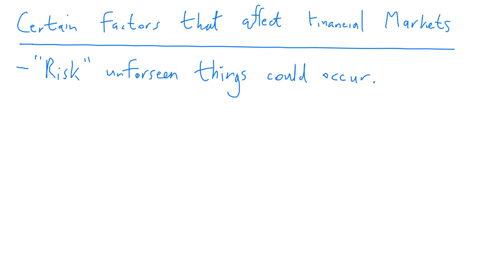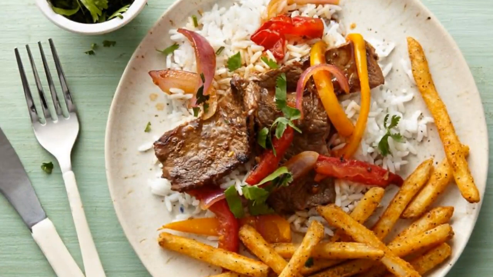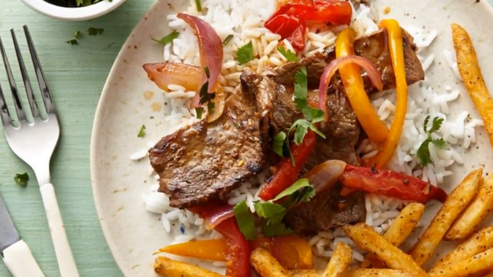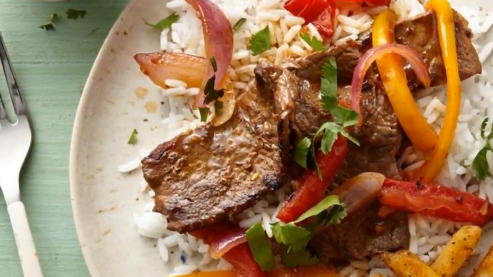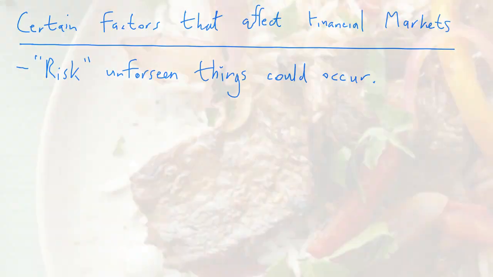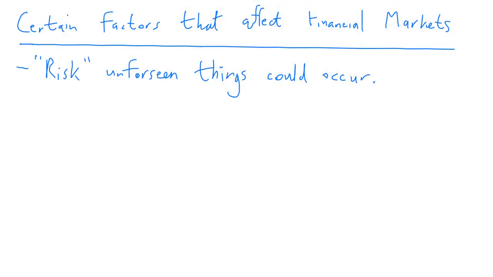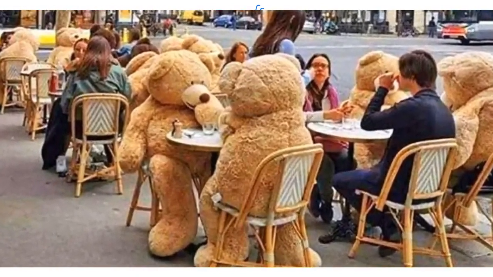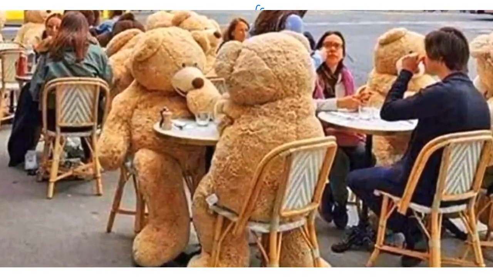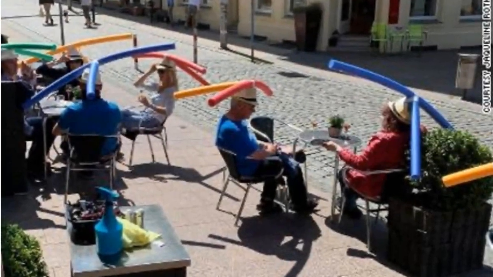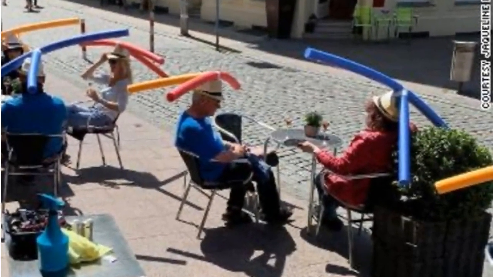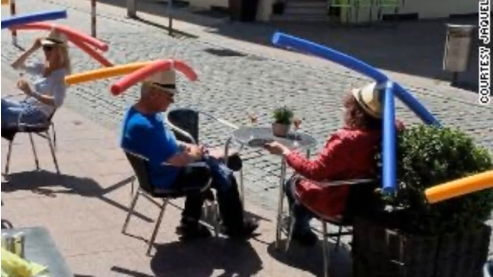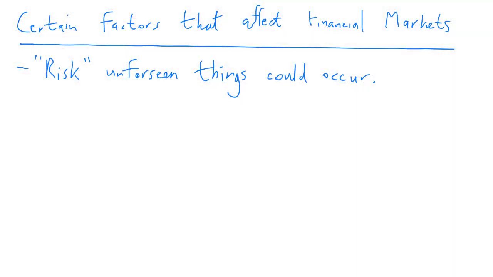Suppose that I started a restaurant in January of 2020, thinking that I would fill my tables with lots of hungry customers, not realizing that 2 months later, the economy would shut down and people would no longer be interested in dining out. So that was an example of what I'm calling risk. It's just a factor completely outside of my control.